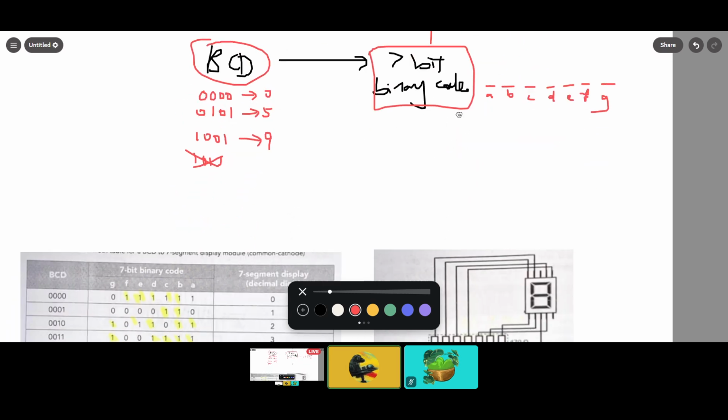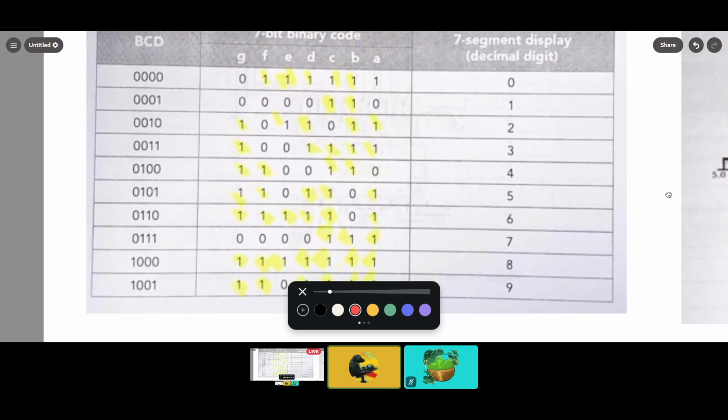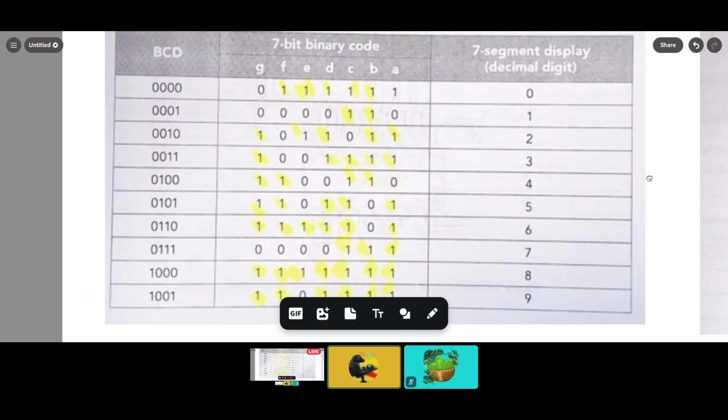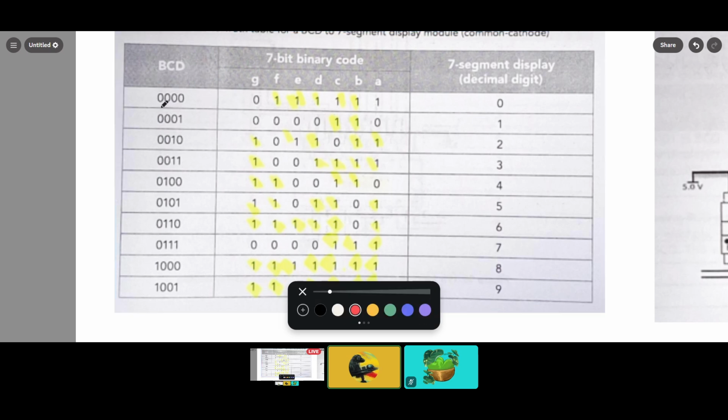Okay, so this here is a table. It is a table that shows, for every single possible BCD number, what the output of the 247 chip will be. So in the case of 0000, which is 0 in decimal, it will produce 0111111 for the 7-bit binary code.